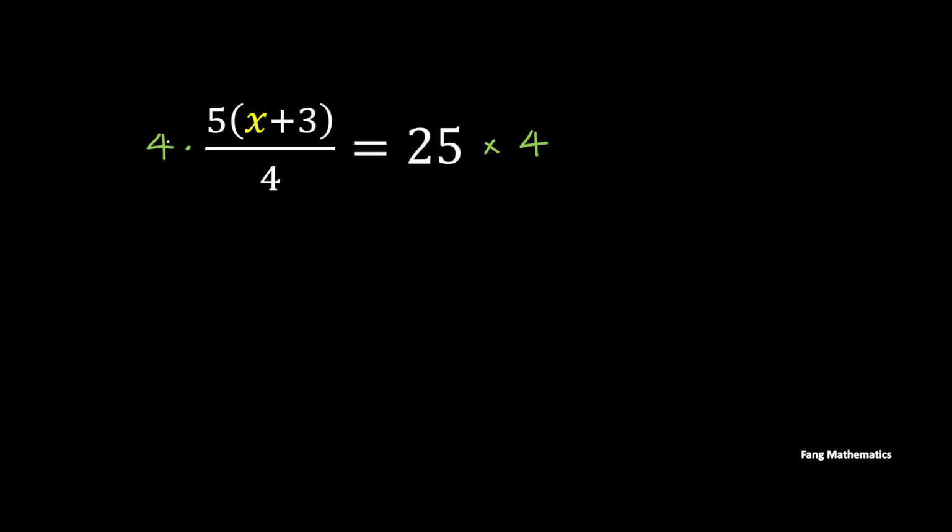The left is easy. Your 4 and 4 gets eliminated, leaving you the numerator. The right, 25 times 4 gives you 100.